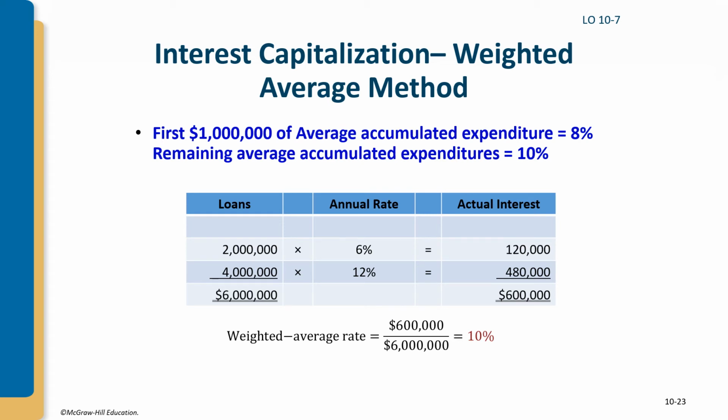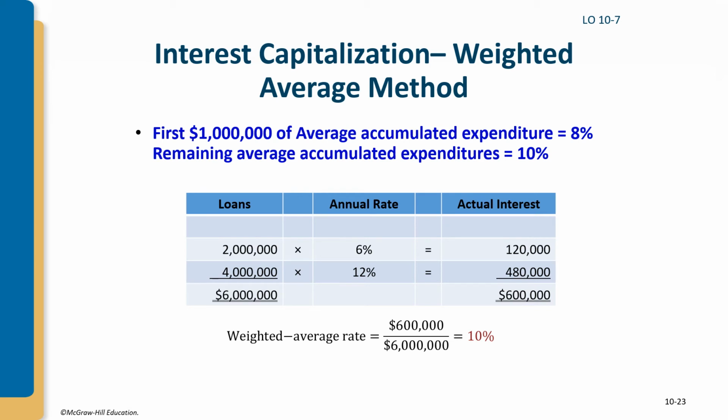So overall, the other loans total $6 million and they pay $600,000 in interest. Divide the $6 million loans into the $600,000 of interest related to those loans, and you get a weighted average interest rate of 10%. So this isn't in the slide, but let's say our calculation for year one wasn't $950,000.